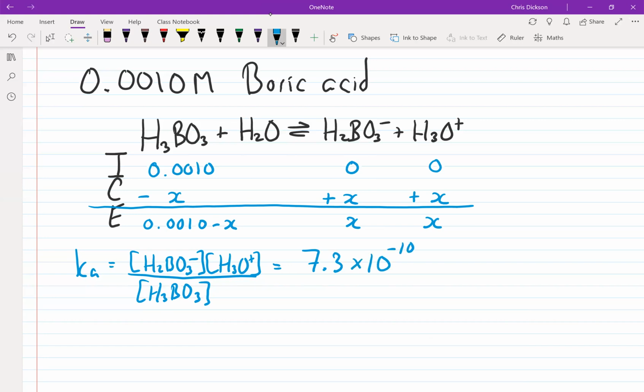Let's double check. Yeah, 7.3 times 10 to the minus 10. And I knew that the top would be X, and I know the bottom would be 0.0010 minus X, all equaling a value of 7.3 times 10 to the minus 10.